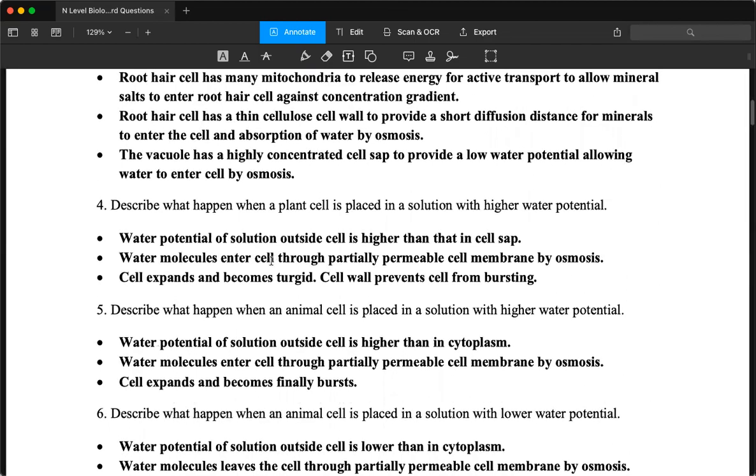The cell expands and becomes turgid. The cell wall will help to prevent the cell from bursting. Very important to talk about the term turgid and not just leave it at expand.